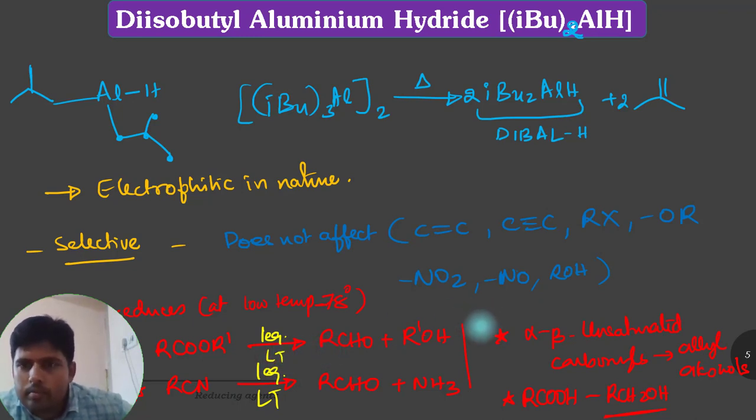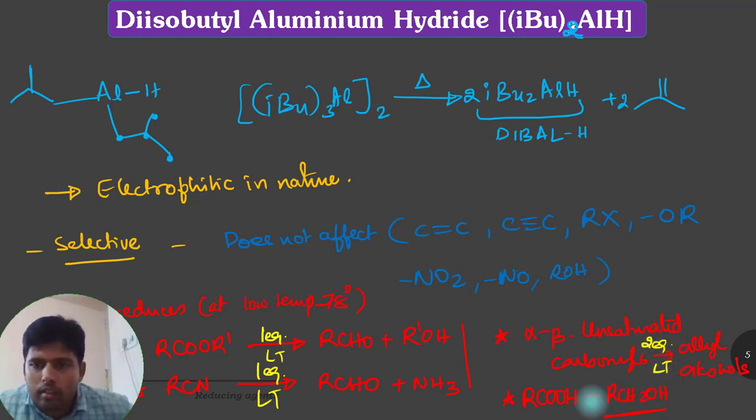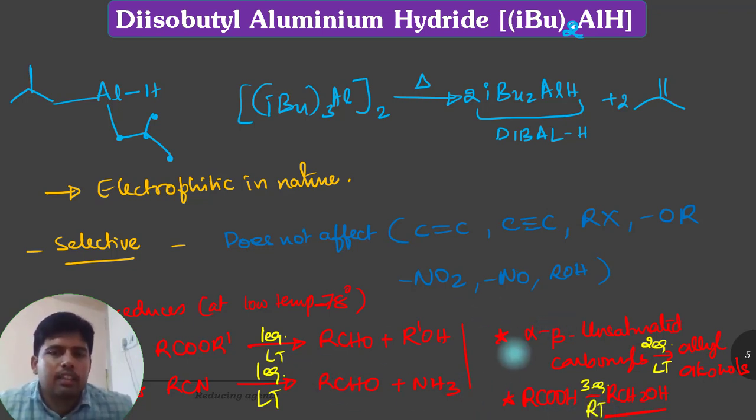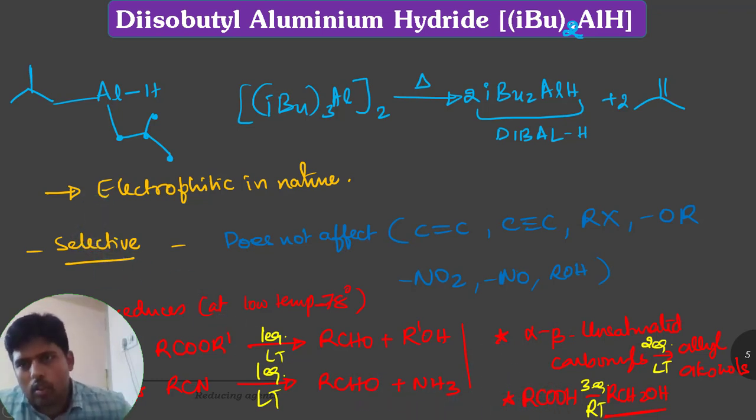And this is also low temperature, and it's 2 equivalent. So here you require 2 equivalent, low temperature, and carboxylic acid converting into alcohol requires 3 equivalents, and it's going to occur at room temperature, normal temperature. Otherwise, the carboxylic acid gets converted to aldehyde at low temperature.